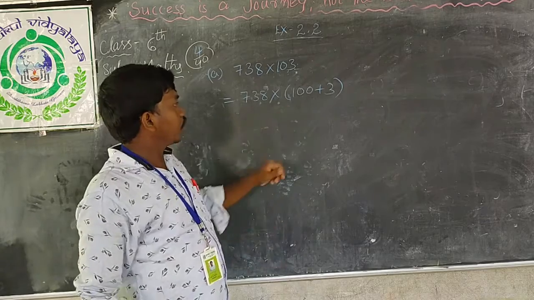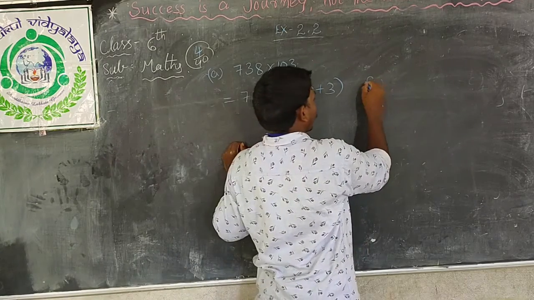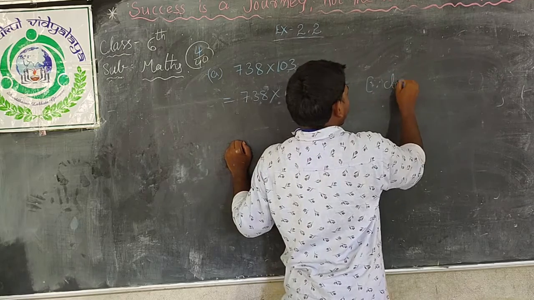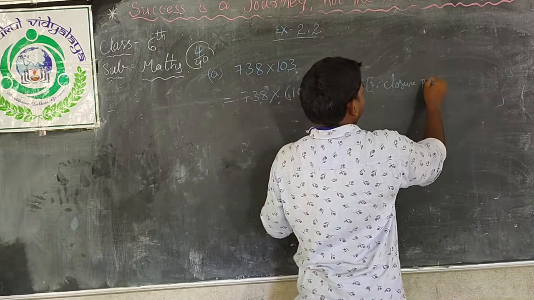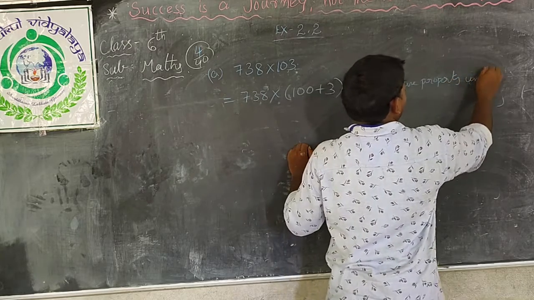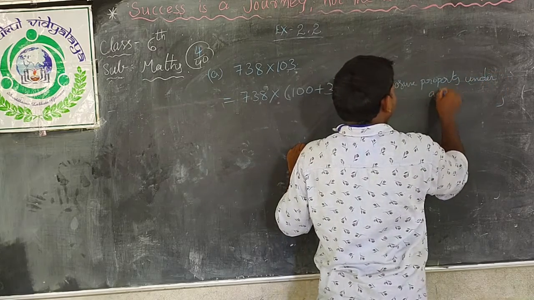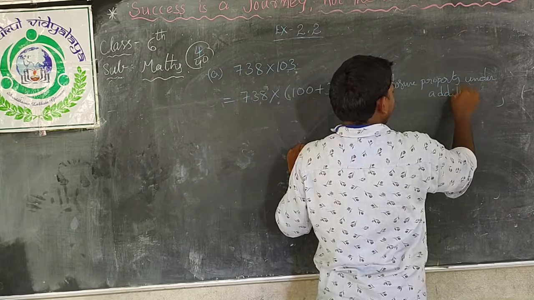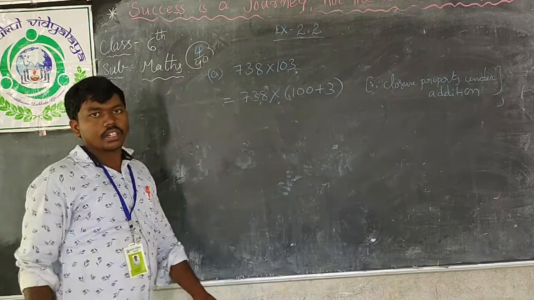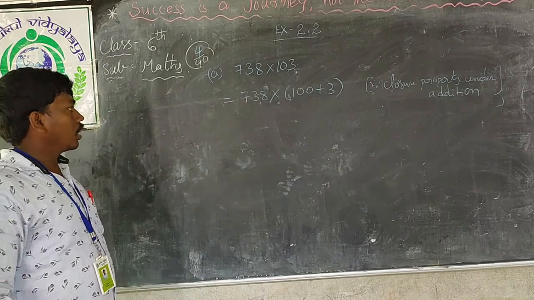Which property is here? Closure property under addition, 100 plus 3.